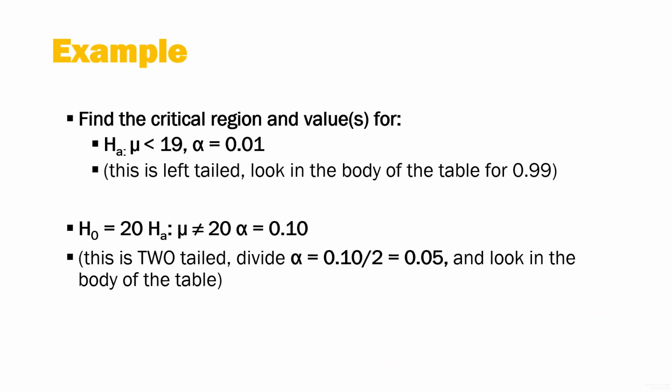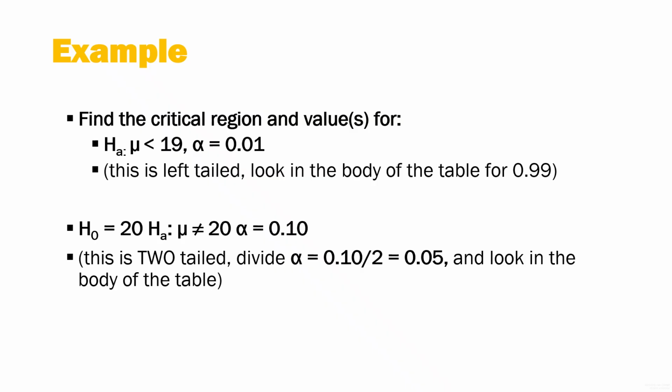And here are a couple more examples here. So it's really critical that you pull out your table and you actually do these. So the first one is find the critical region and values for your alternative hypothesis of mu less than 19 and alpha is equal to 0.01. So of course, in this situation here, it's left-tailed, so you know it's going to be a negative.